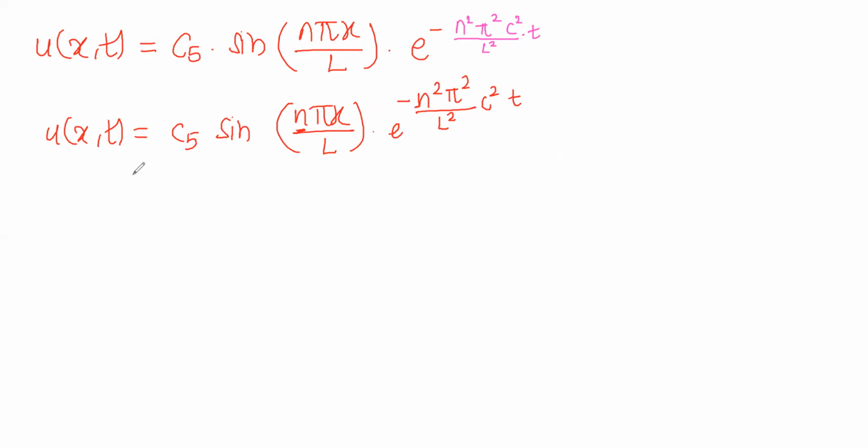Okay, this solution now can be generalized, and I say this is c5. If I place some other constant, then I'll be getting each and every solution each time.